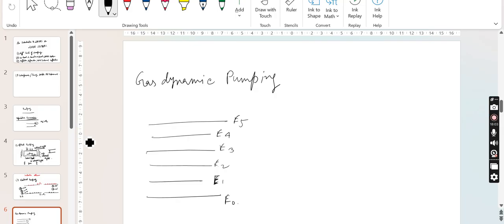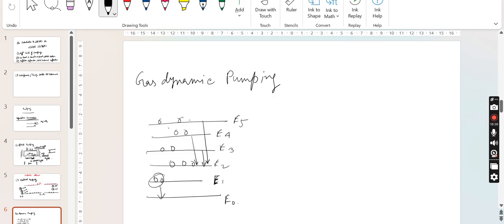So it may happen that E1 quickly relaxes to E0, and E3 relaxes to E2, E4 relaxes to E2, E5 relaxes to E2. But E2 has more relaxation time.